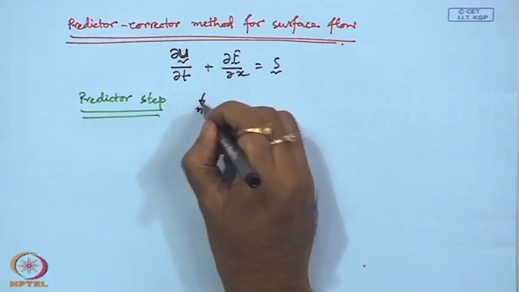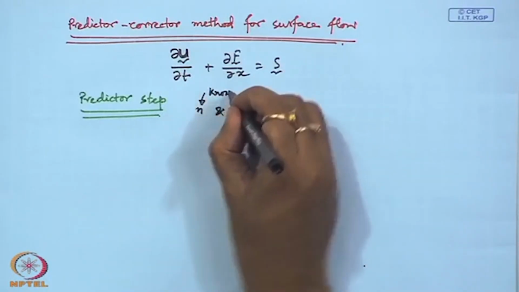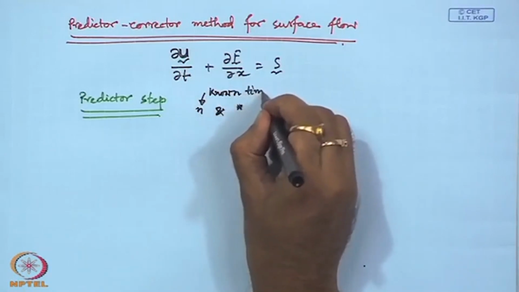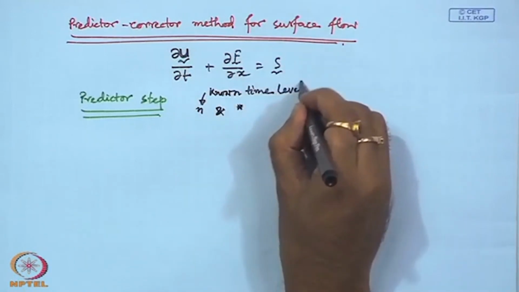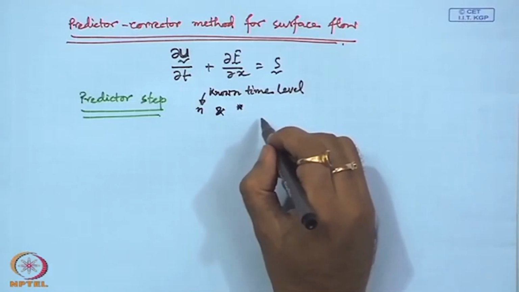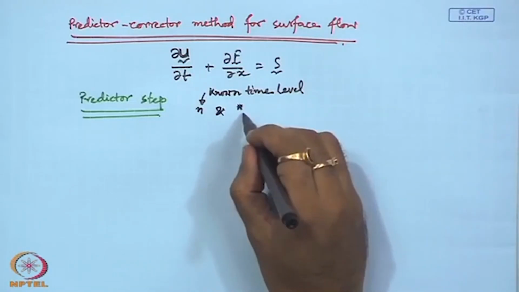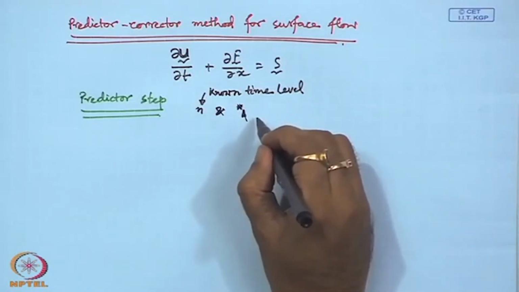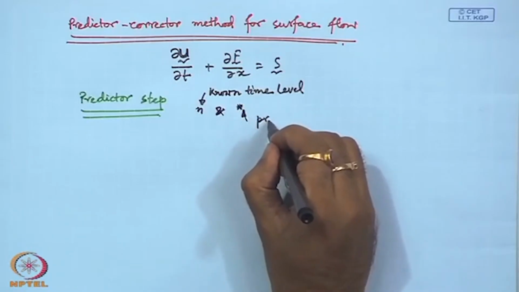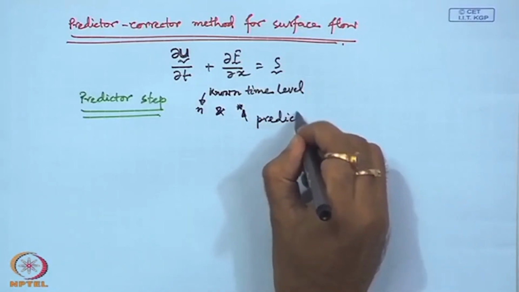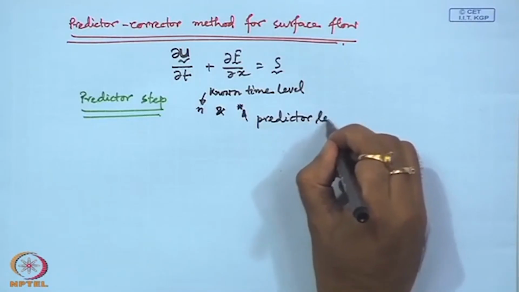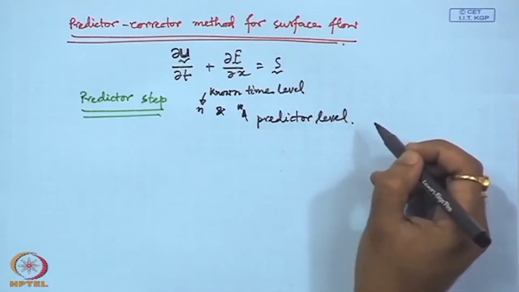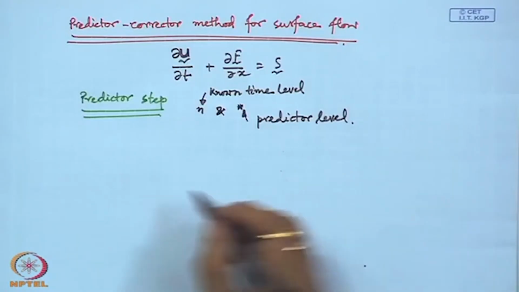N is the known time level, and the star is basically the predictor level.